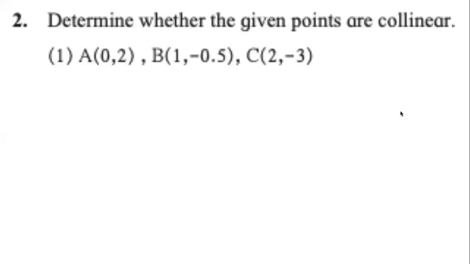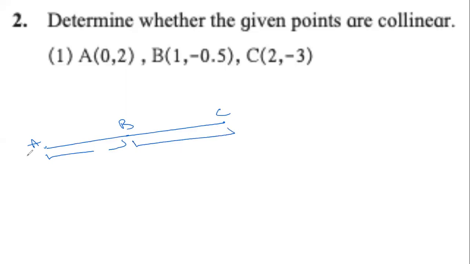In the last class, when we were studying about the slope of a line, we said that the slope of the line is the same at all places. So if we take any part of a given line, the slope of it will remain the same. That means if this is a line, A, B, C, they can be in any order. The slope of AB will be the same as the slope of BC, and it will be the same as the slope of AC.